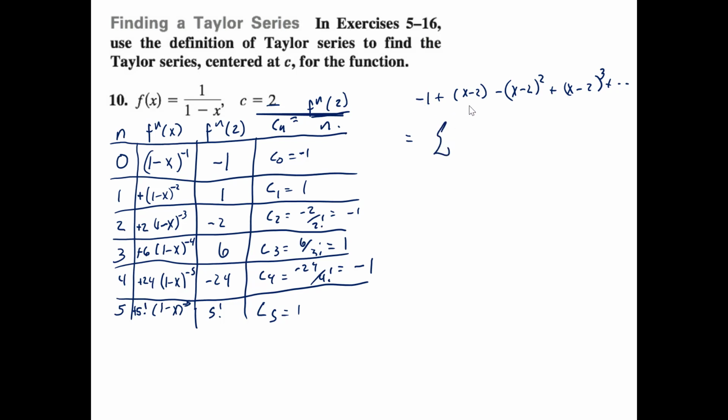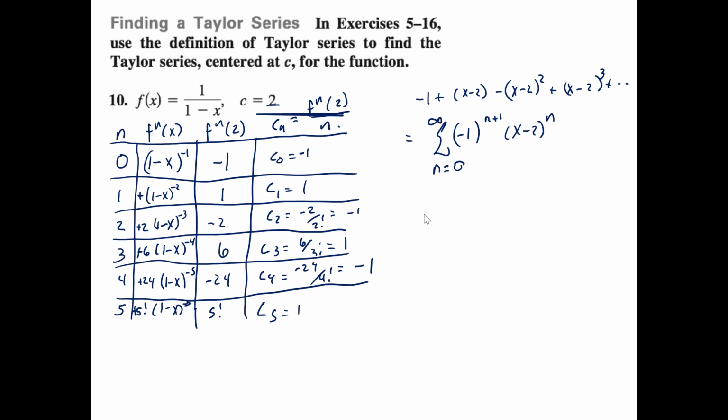You can see that you have an alternating sign, so it's negative 1 raised to the n plus 1 because we're going to start at 0, and we're going to go out to infinity. And then you have x minus 2 to the n.